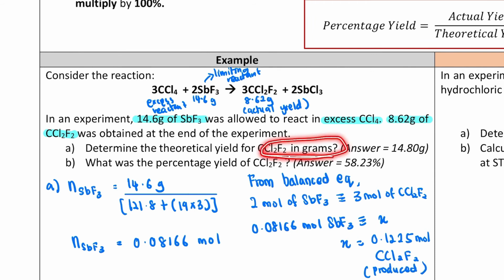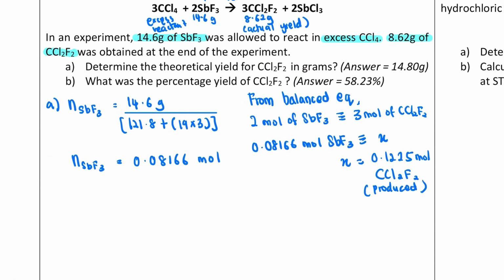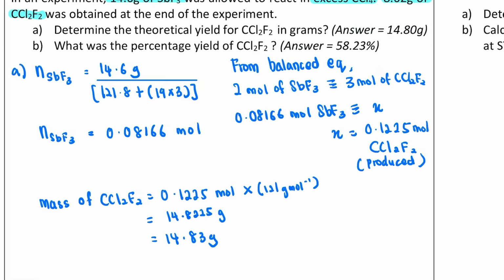Okay, soalan ni memang minta dalam gram. So kita kena tukarlah mole tu jadi gram. Alright, so saya dah ambil number of mole of CCl2F2 times with dia punya molar mass. Then saya dapat 14.8225 gram. Okay, so ini adalah theoretical yield tu lah.